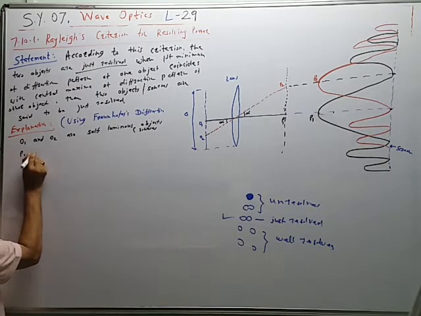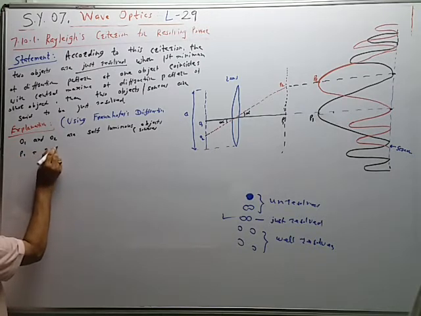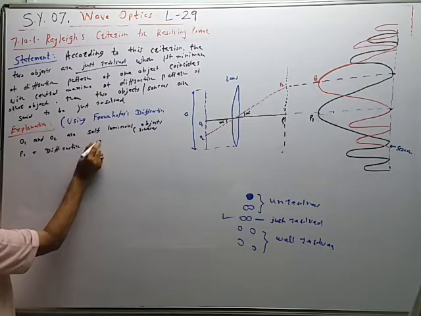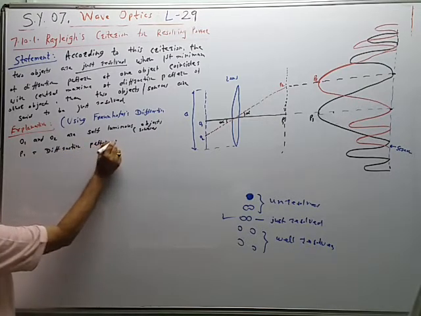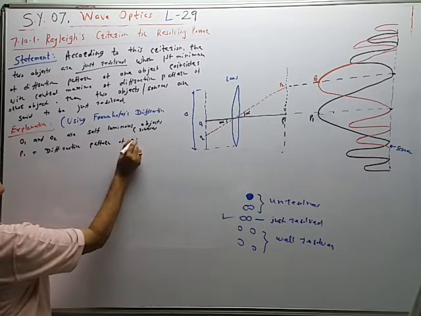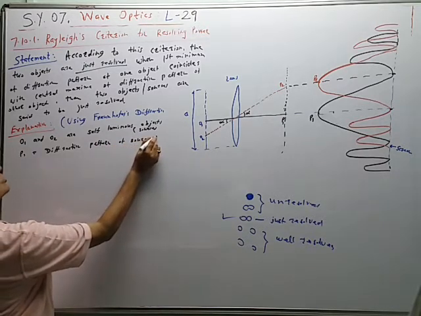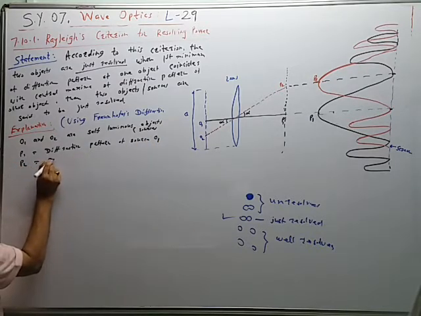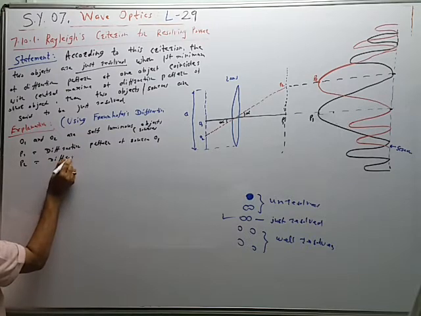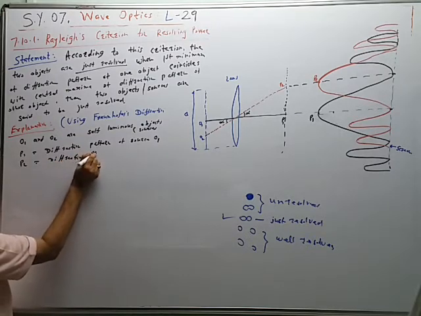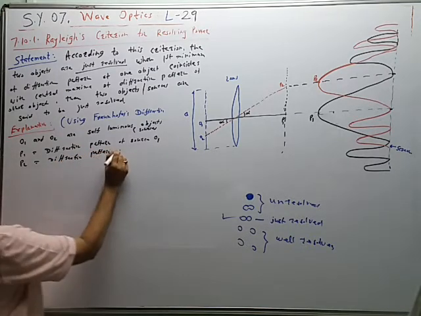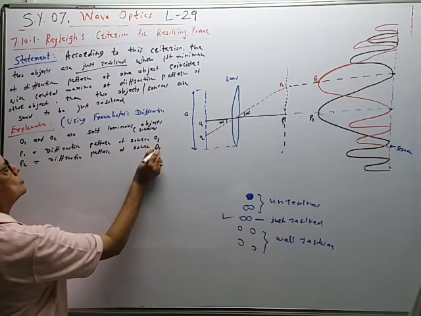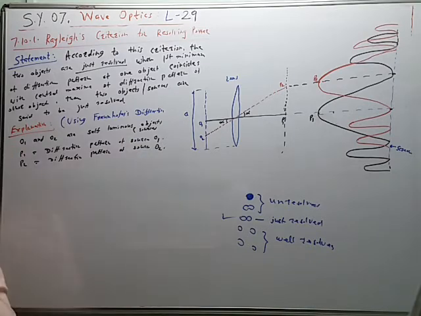P1 is equal to the diffraction pattern of the source O1. P2 is equal to the diffraction pattern of the source O2, like this.